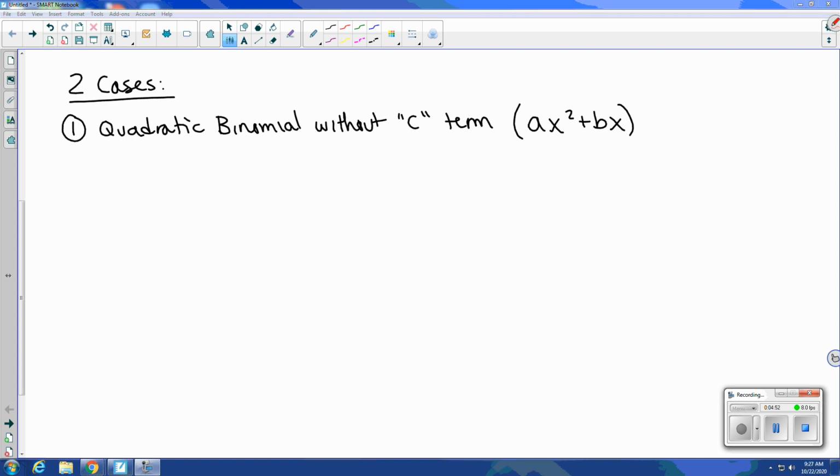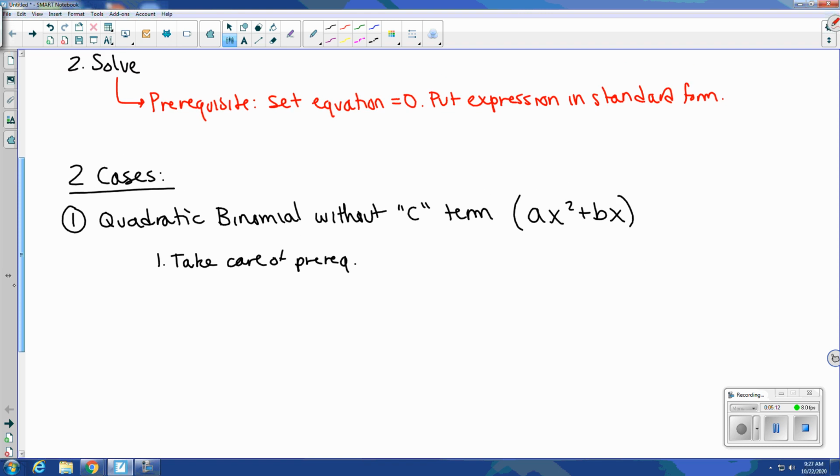It'll basically be a redundant step-by-step process. So how do you handle factoring a quadratic binomial where there's no C term? First thing, take care of those prerequisite conditions. A reminder: set the equation equal to 0, put it in standard form.